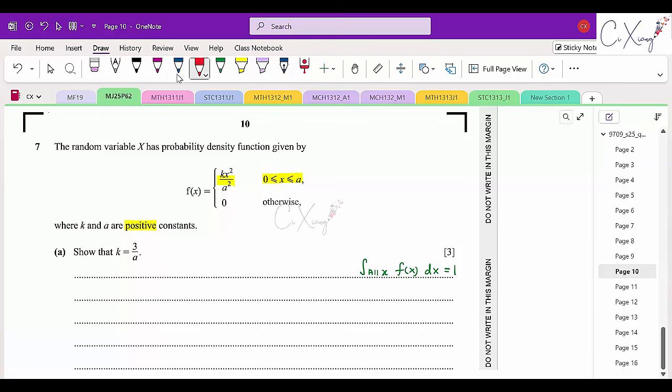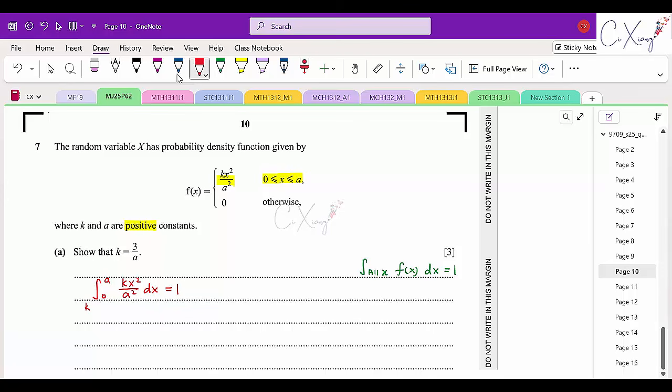So now we want to find k. To find k, I integrate over all the values of x, that means from 0 until a, for the function kx squared over a squared dx, and I let it equal 1.